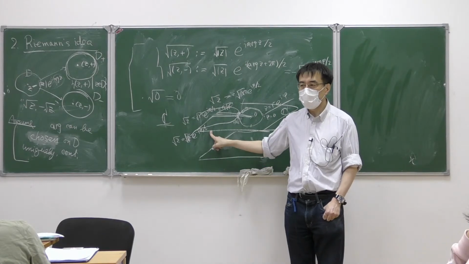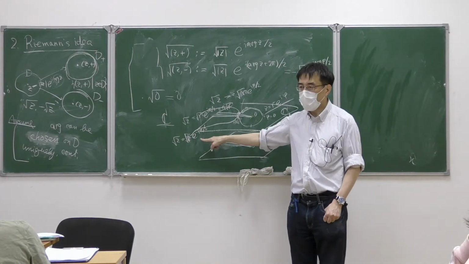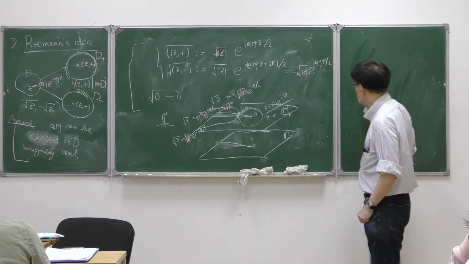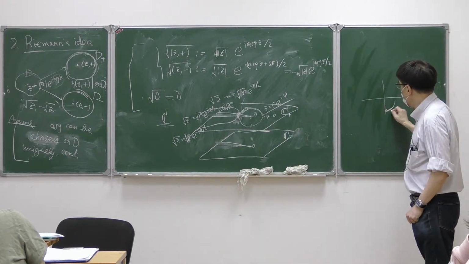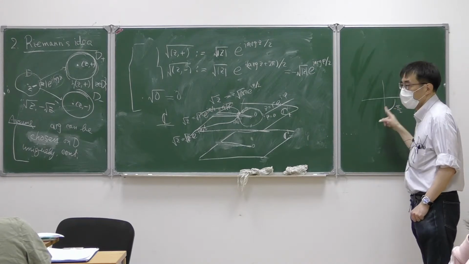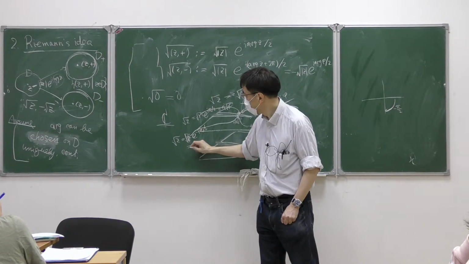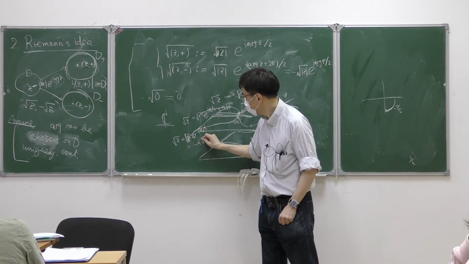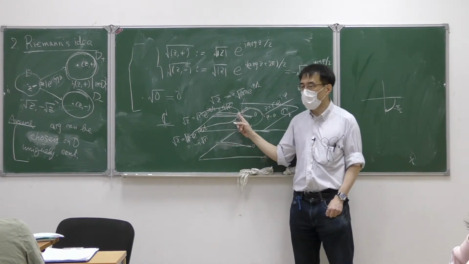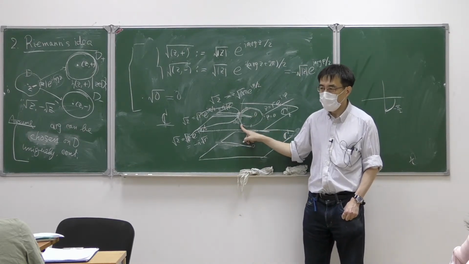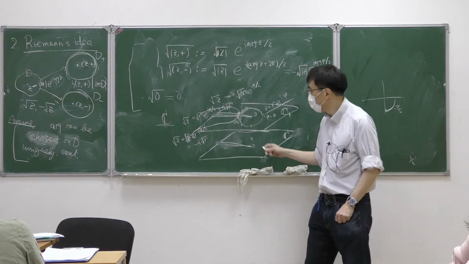What is this? It's minus i, so that's why this becomes a discontinuous function.